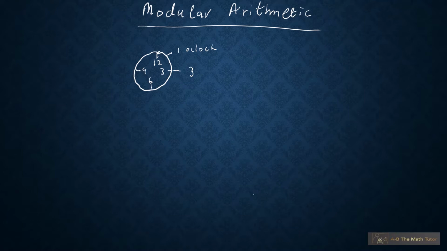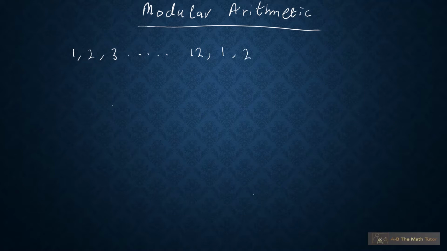And the reason is that there is a circular number line in the clock. So when it starts from 1, 2, 3, all the way up to 12, it continues at 1, 2, all the way up to 12 again, and so on and so forth.